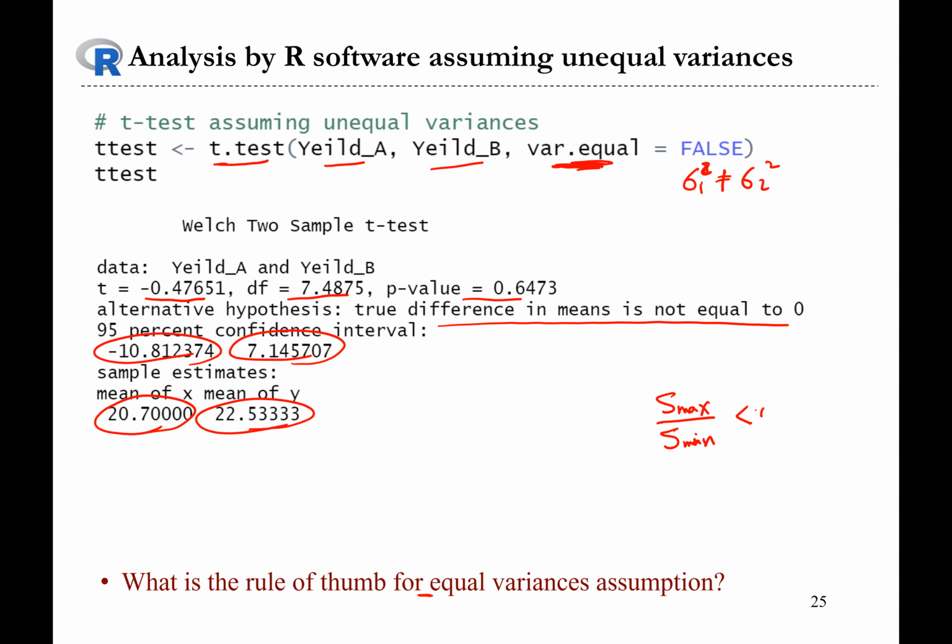If this one is less than 2, or S square maximum, the bigger variance, divided by the smaller variance, is less than 4. If this one is satisfied or this one is satisfied, you assume sigma 1 square equals sigma 2 square. Otherwise, you assume sigma 1 square doesn't equal sigma 2 square. But I will show you a test, because it's better than the rule of thumb.